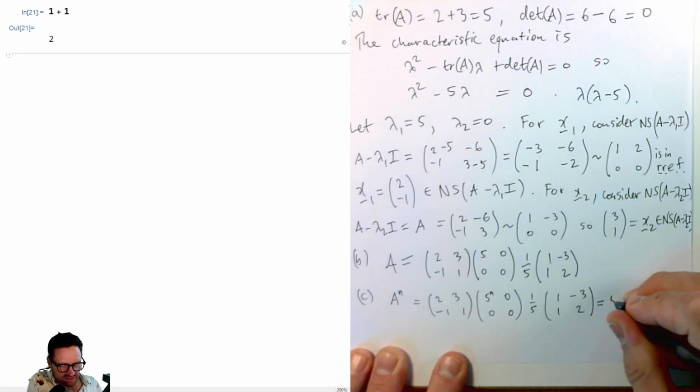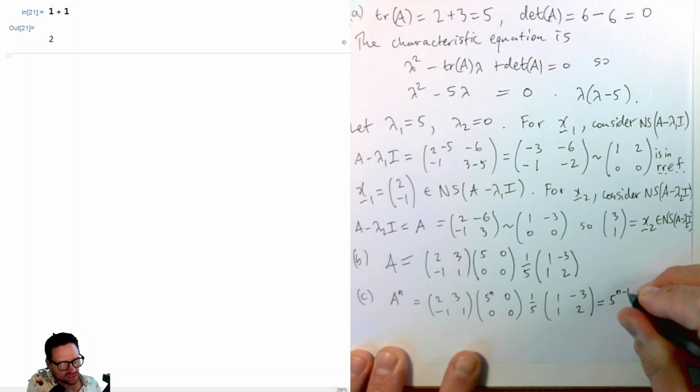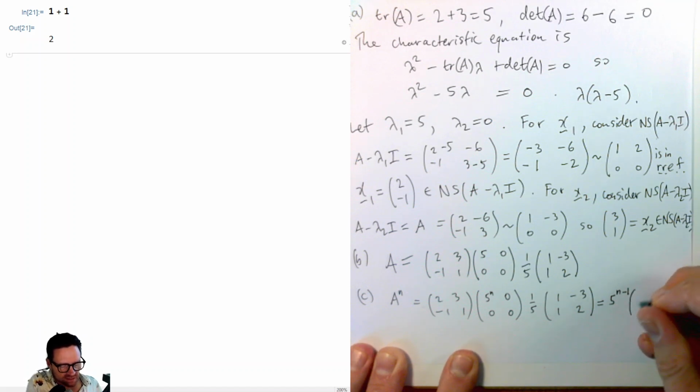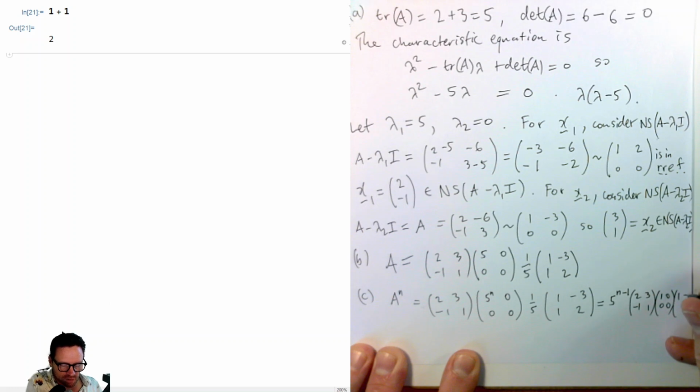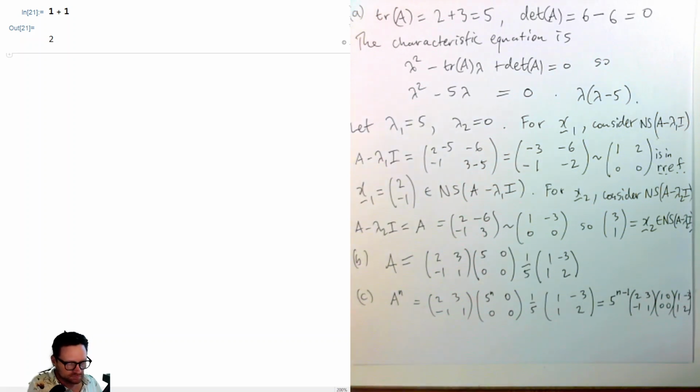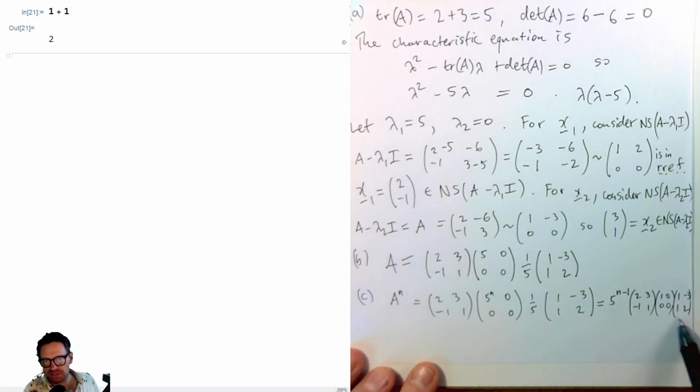So we see then that this is 5 to the power of n minus 1 times 2, 3, minus 1, 1, 1, 0, 0, 0, 1, minus 3, 1, 2. Okay, so it remains just to take this matrix product.